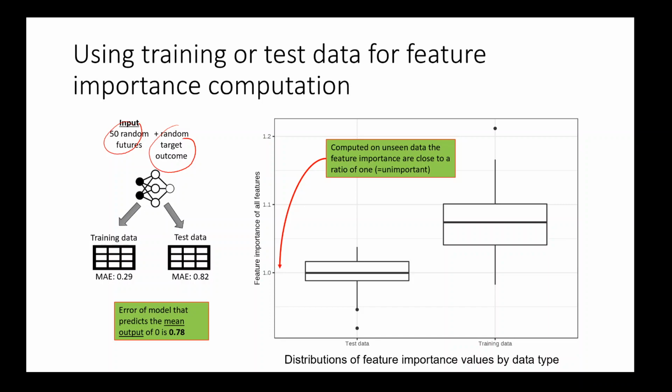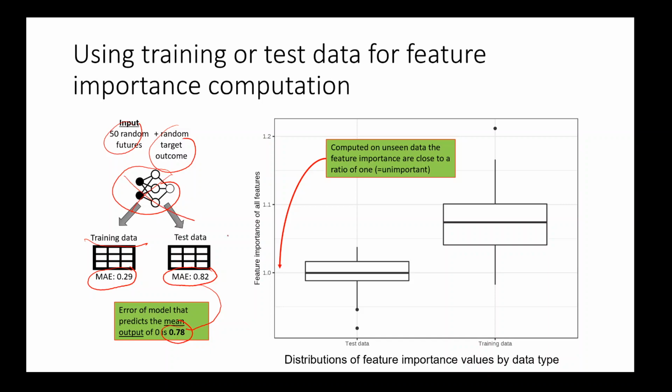And in fact, the SVM model did overfit on the training data. The mean absolute error for the training data is 0.29, and for the test data is 0.82, which is also worse than the error of the best possible model that always predicts the mean outcome of 0, which is 0.78. In other words, the SVM model is useless.